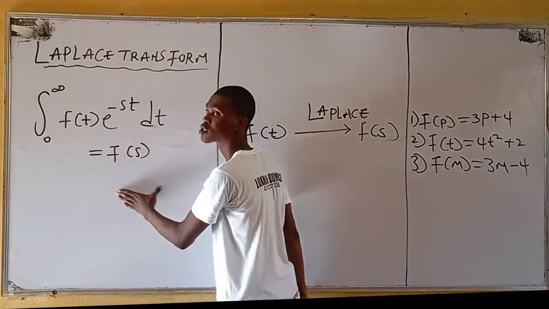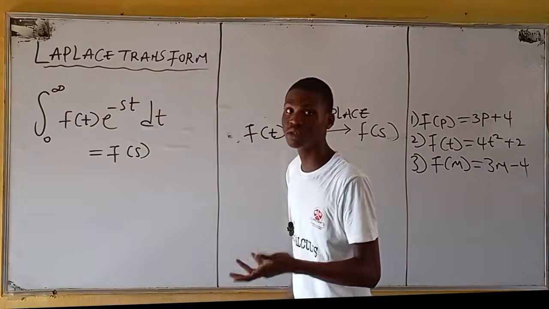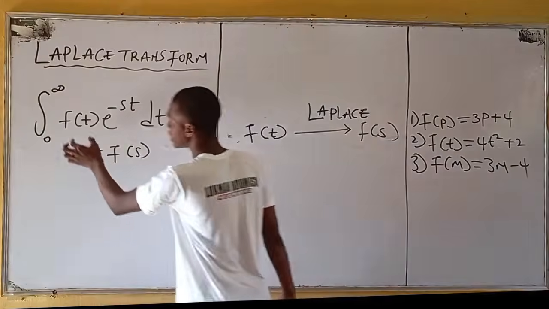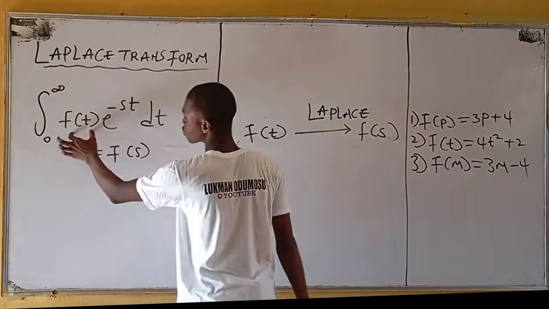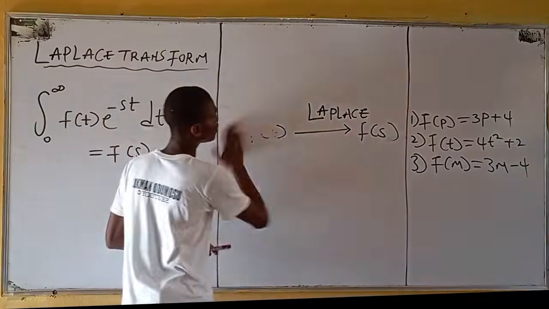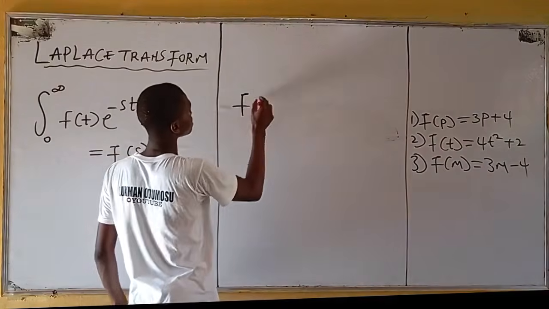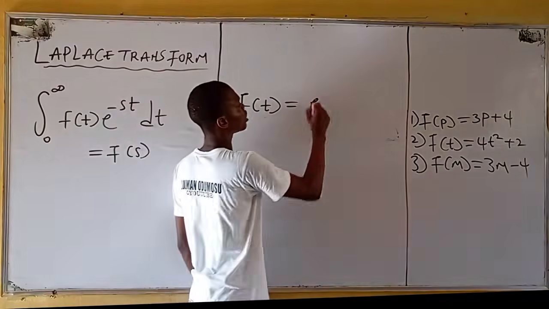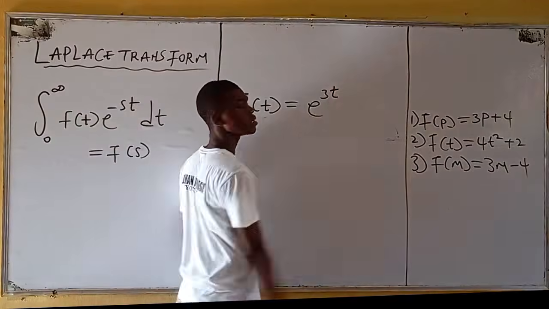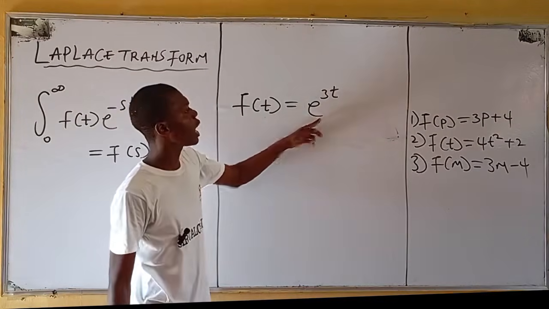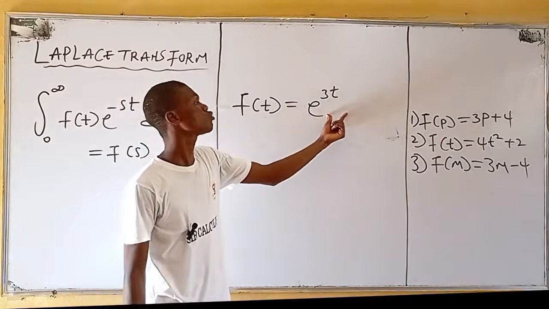Looking at this integral formula, it is complex, but you just need to understand it. In this case, this f of t is well defined here. We said you'll be given a function f of t. Now, let's say you are given a function f of t equals exponential 3t.